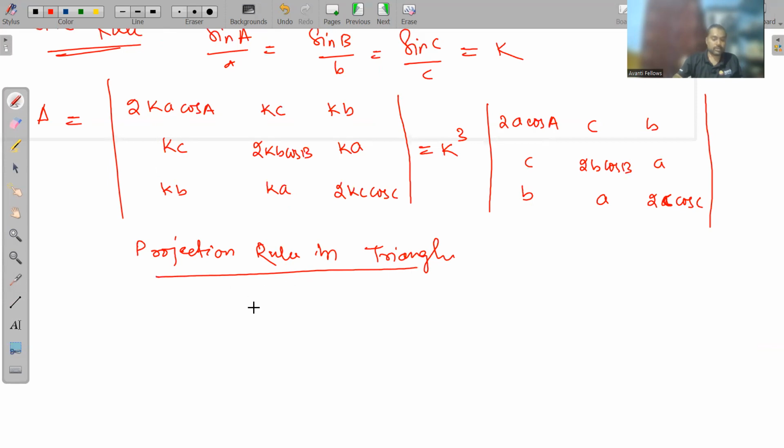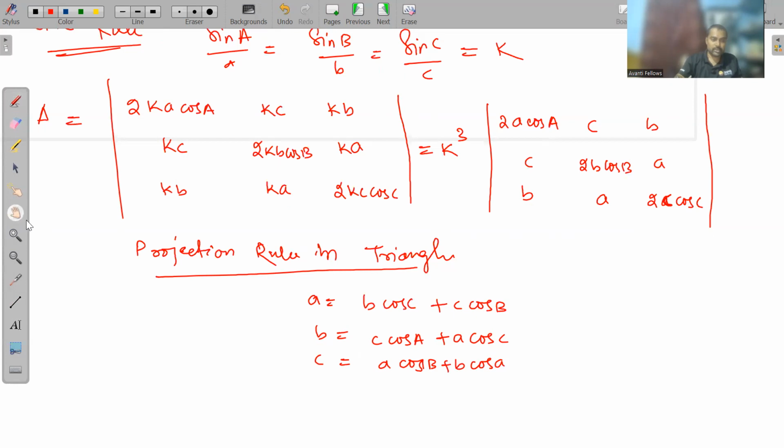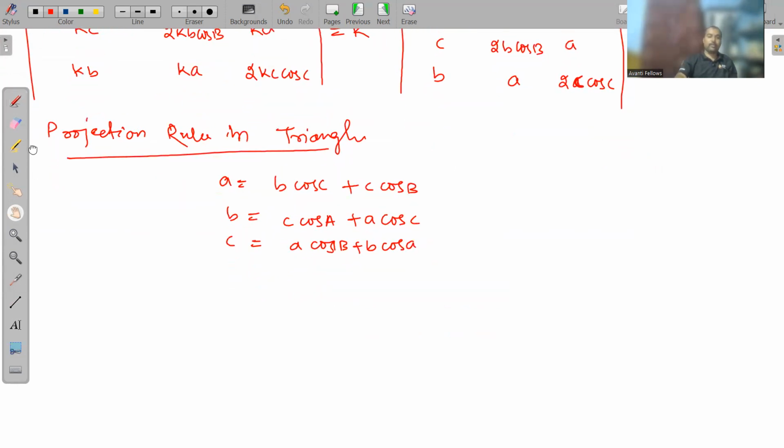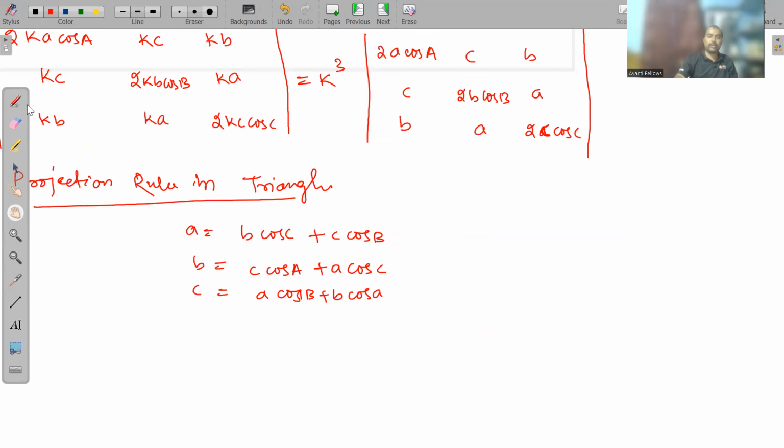This is the projection rule: a is equal to b cos C plus c cos B, b is equal to c cos A plus a cos C, and c is equal to a cos B plus b cos A. This is the projection rule in a triangle. If we substitute it in delta, what will we get? Let's see.